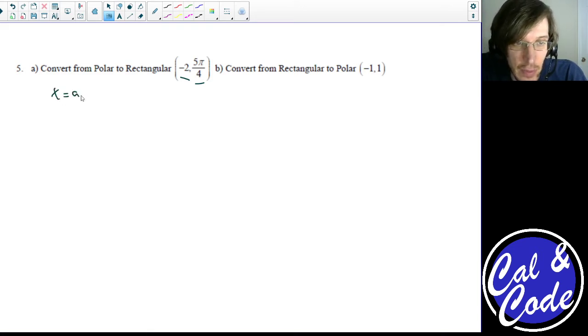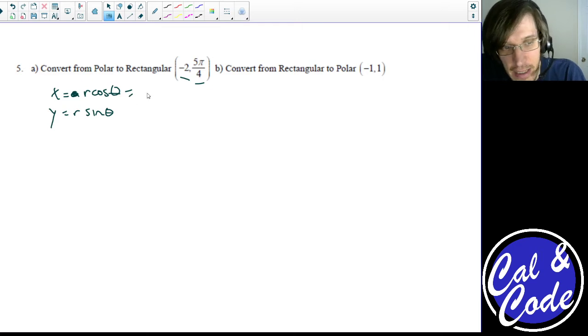X is equal to r cosine theta. Y is equal to r sine theta. So in this case, I have -2 cosine of 5 pi fourths, and I have -2 sine of 5 pi fourths.